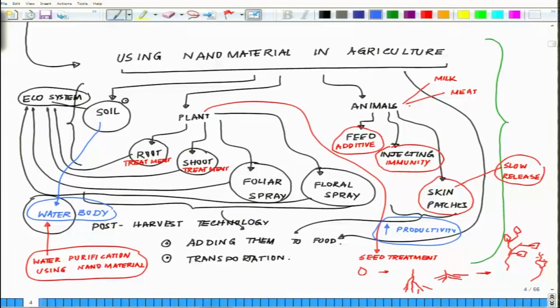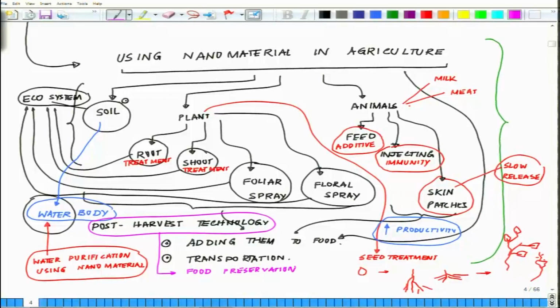Apart from that, there is a tremendous thrust on applying nanomaterials for post-harvest technology, which includes food preservation.